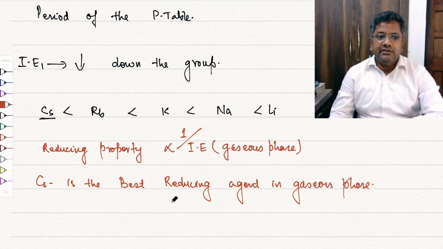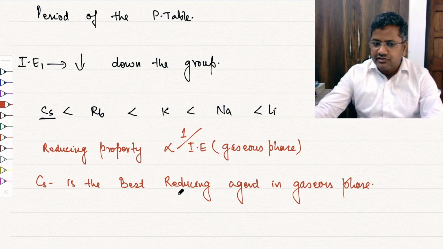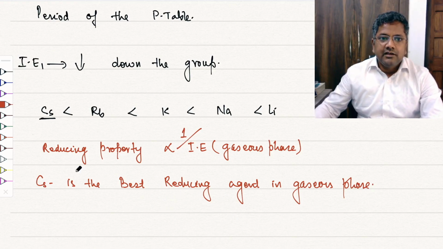So in this way we can explain the ionization energy. Okay. Now see the melting and boiling point.